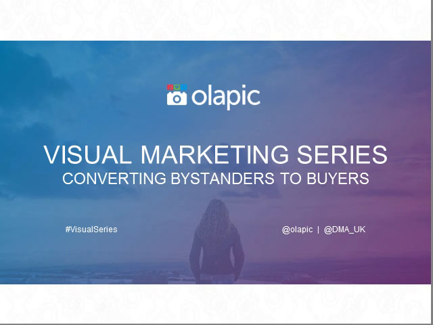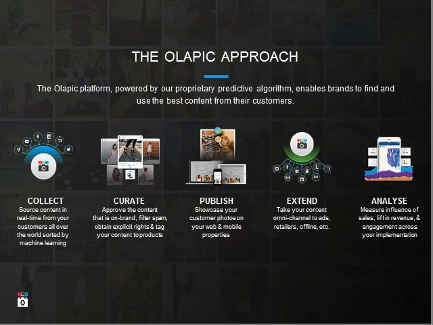So just to give you a bit of background on Olipic, they provide a marketing technology that offers the engine to enable brands to collect, curate, obtain the rights to publish and analyze the success of user-generated content across their e-commerce sites and brand communications.